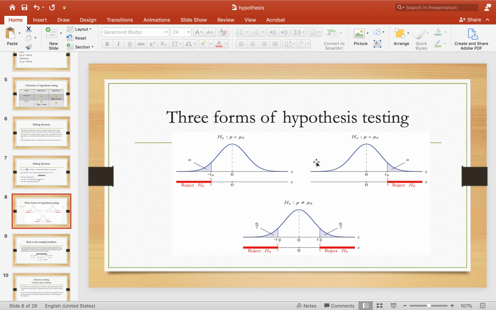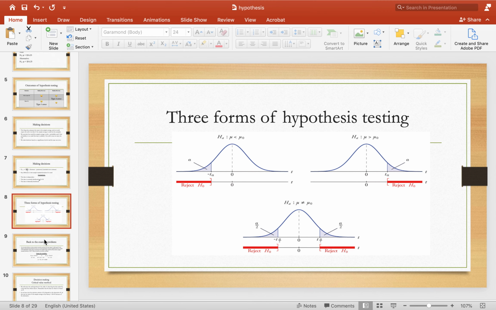If, for example, our alternative was that mu was greater than some average, we'd reject when the sample average is above the mean, and there's some critical rejection region for the observed value of the mean here. And if it's two-sided, meaning that mu is not equal to some value, well, it can fail this hypothesis if it's too small or if it's too large, and that's depicted on the bottom here.